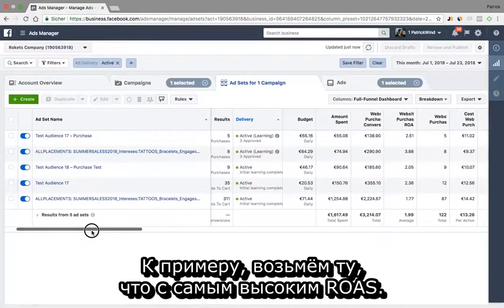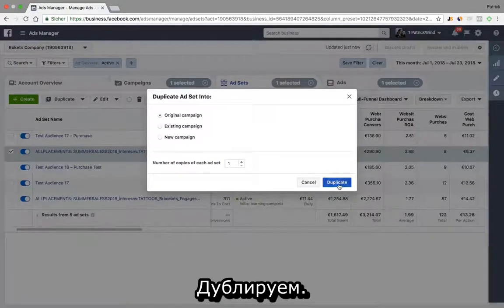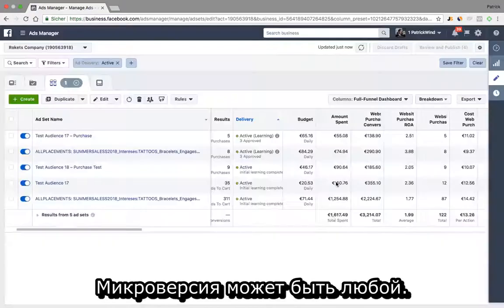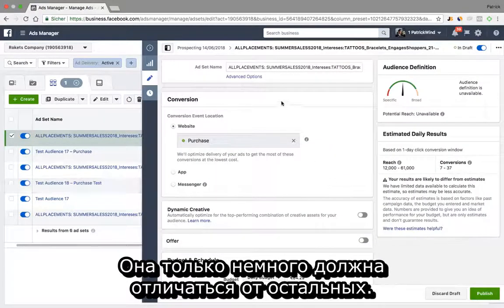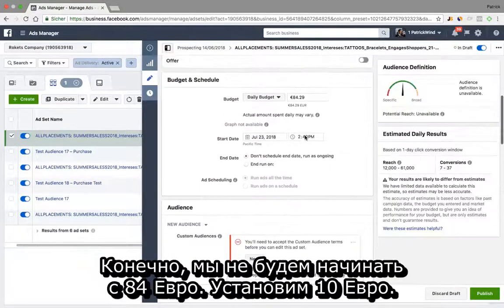So for example, we could take the one with the highest ROAS, this one, duplicate it and create a micro variation. Okay, so a micro variation could be everything. It just needs to be a little bit different to the other one. Of course, we do not want to start with 84 euros. We would like to start with 10 euros or something.